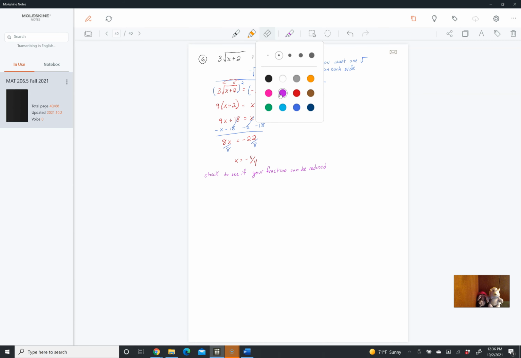Okay, so we need to plug it in. Three times the square root of negative 11 over 4 plus 2 plus the square root of negative 11 over 4 minus 4. So what we do is we multiply everything by 4 over 4, right?